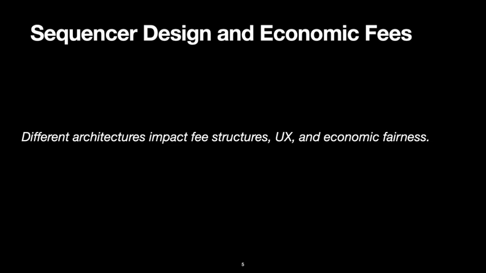I mean, in the case of centralized sequencers, where the user simply trusts that the sequencer will order transactions, let's say, on a first come, first serve basis, the sequencer is simply paid for the fact that they do this.